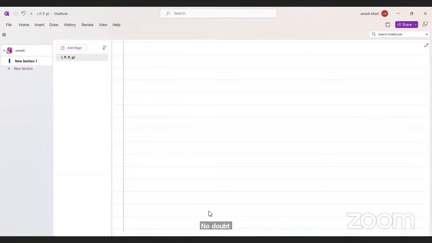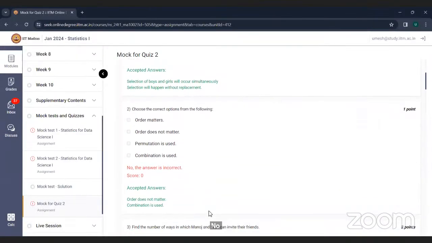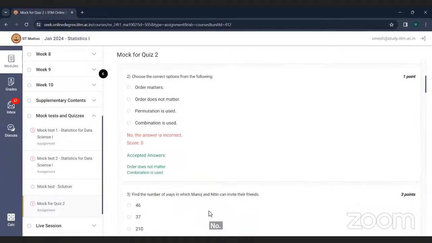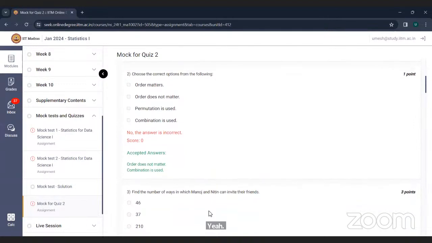Let's see. So in how many ways can Manoj and Nitin invite their friends? So how many ways?